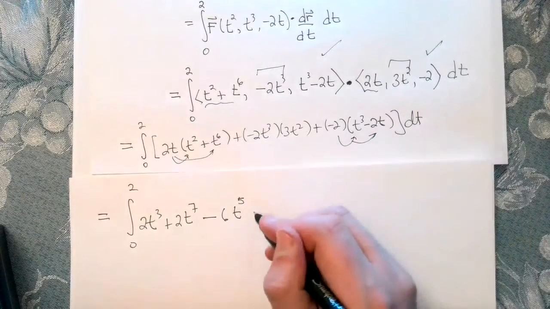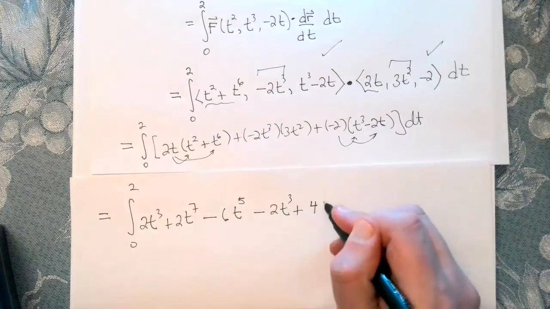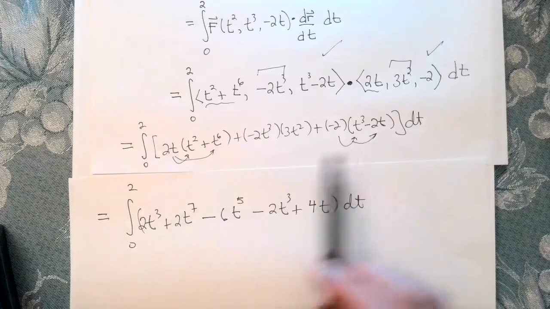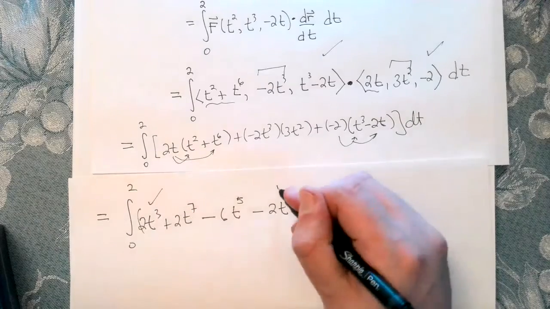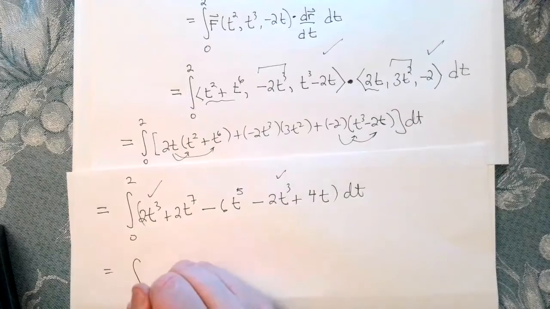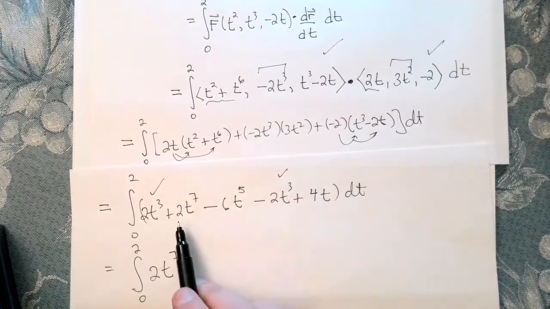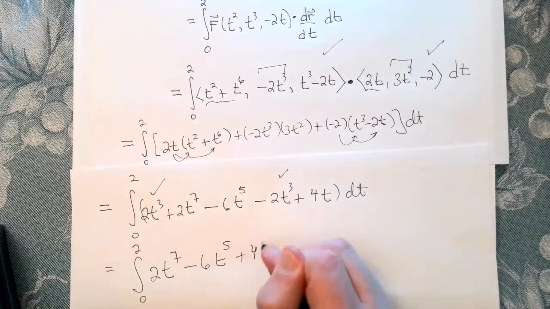And here it looks like minus 2t cubed plus 4t. All right, so there's our algebra. Now let's see, do we have any like terms? It looks like the cubes are like terms, and hey, they're going to cancel. How about that? So those are gone. So that's pretty nice. So we've got 2t to the 7th minus 6t to the 5th plus 4t dt.